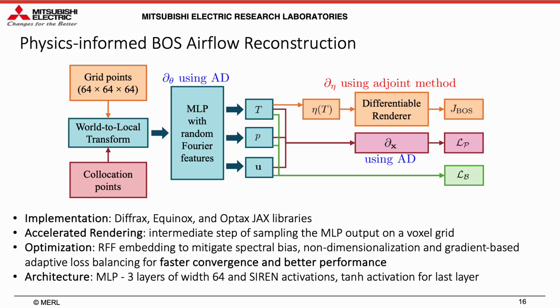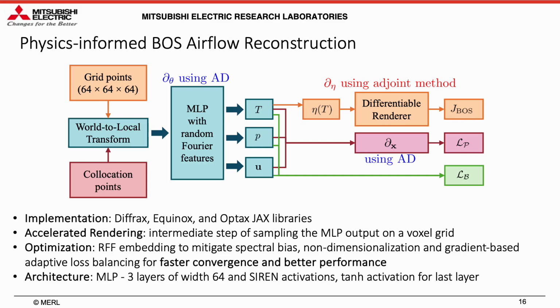And then we also have collocation points that are defined anywhere within the space, and those are used to penalize the PDE loss. And finally, we impose the boundary loss on all sets of sampled points, whether they're the grid points or the collocation points.